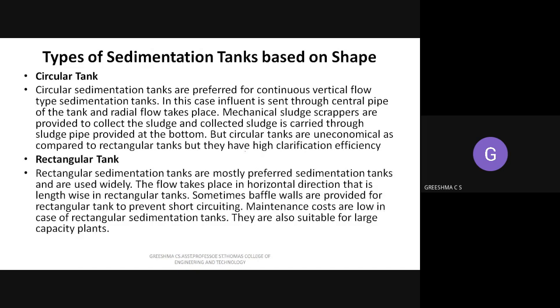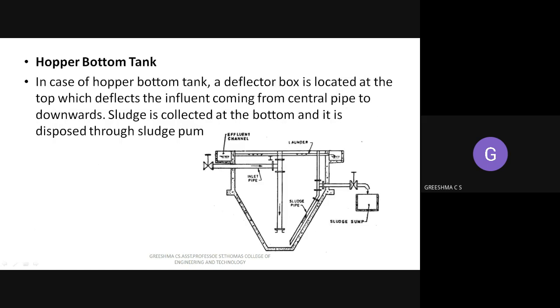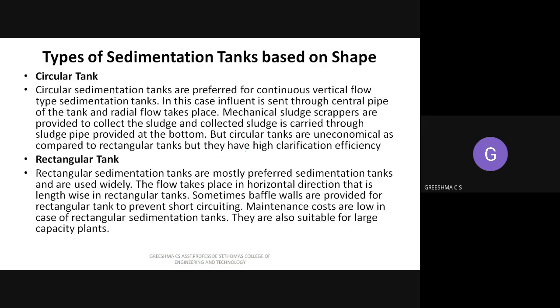The next classification is based on shape. Types of sedimentation tank based on shape: first we have the circular tank, the rectangular tank, and the hopper bottom tank. Circular tanks, as the name indicates, are preferred for the continuous vertical flow type of sedimentation tank, meaning the water will be stored throughout the year.